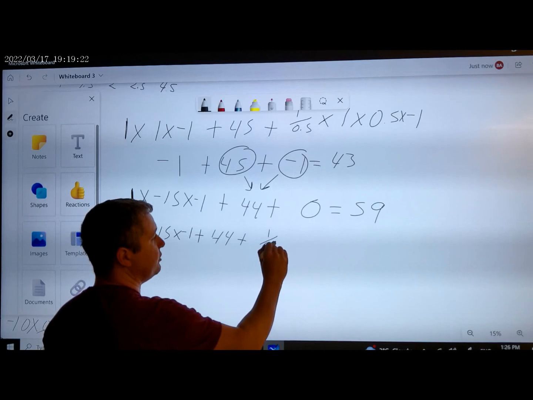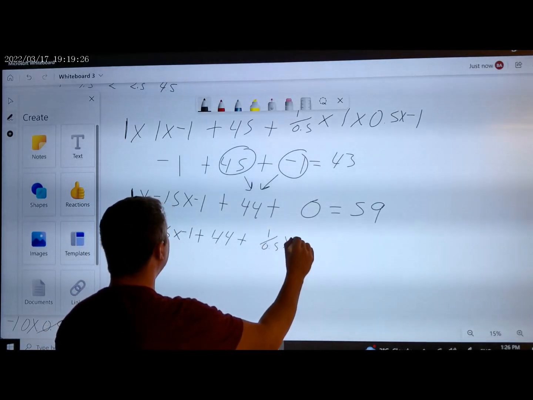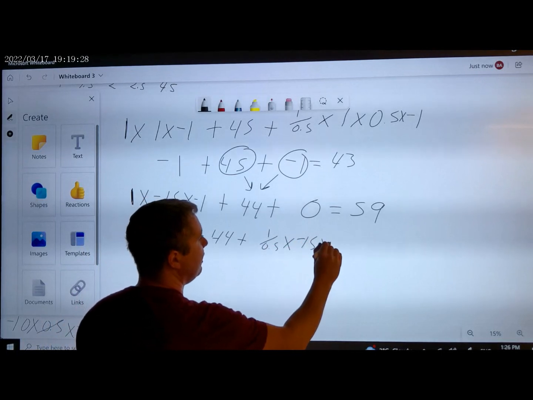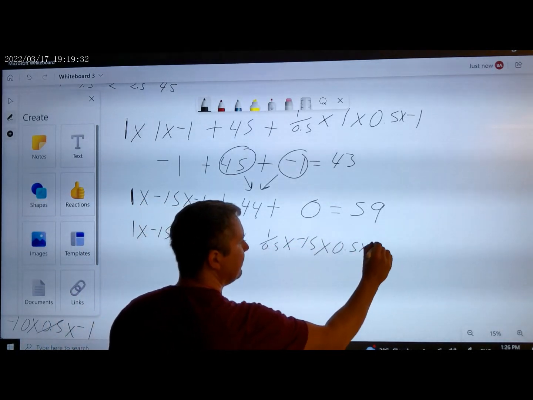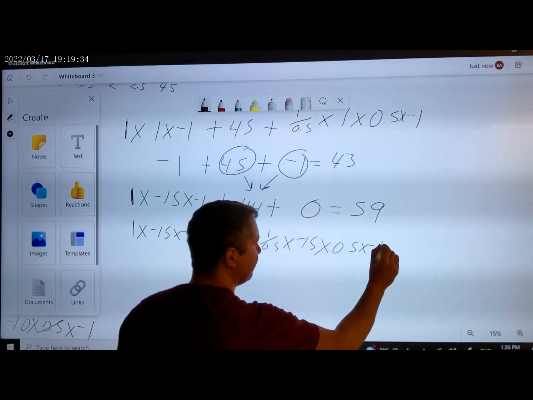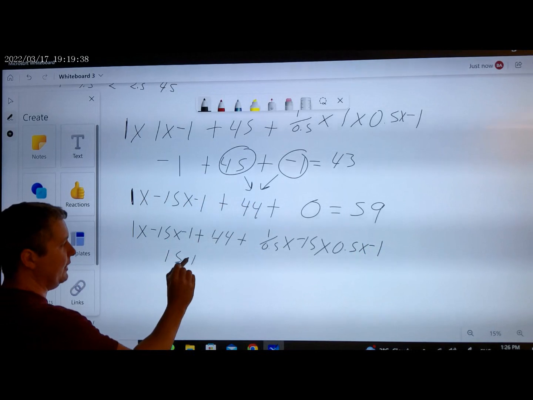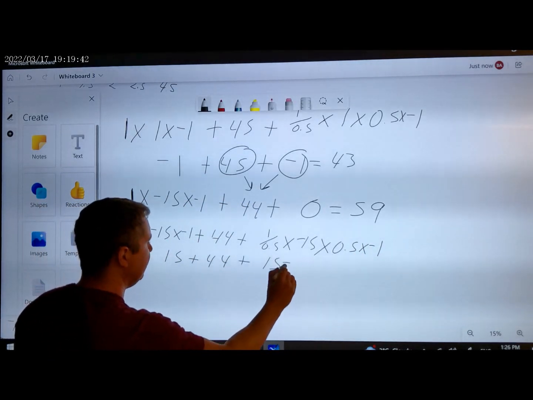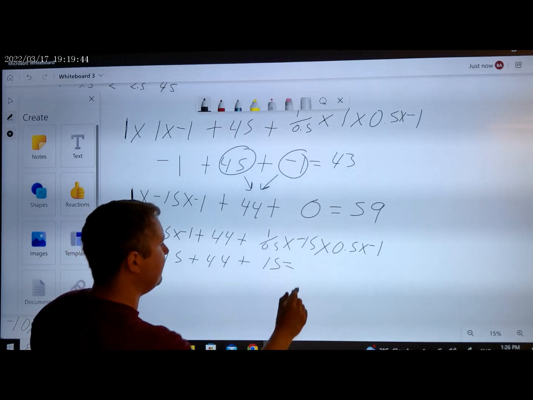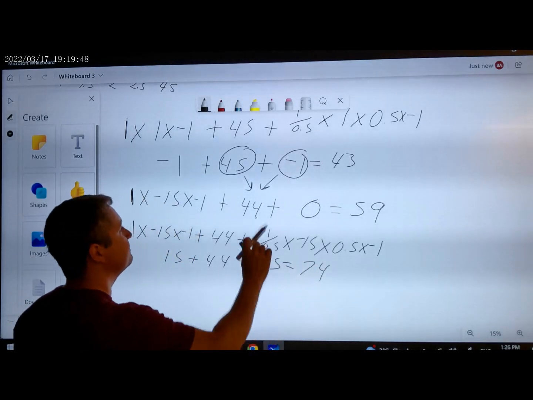Proportional over integral times your error of minus 15 times your time of 0.5 times negative 1, which is your reverse acting. So that gives you 15 plus 44 plus 15 equals 74. Right on.